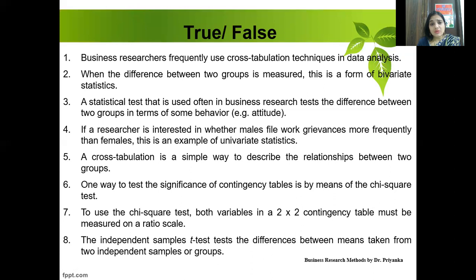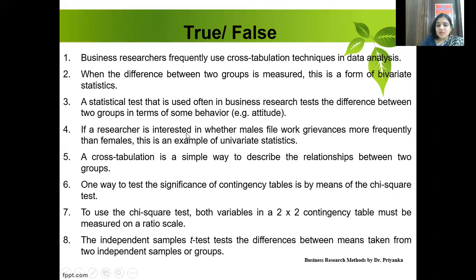If you want to see whether they are buying the product or not, that is purchase behavior. If you want to see whether they continue the job or not when their salaries are decreased or increased, or their work pressure is increased, that is also a kind of behavior, professional behavior. So many things are there. Everything you see is a kind of behavior towards something. So it is true.